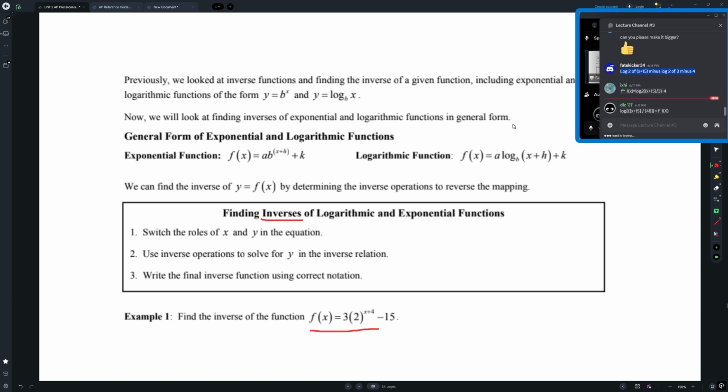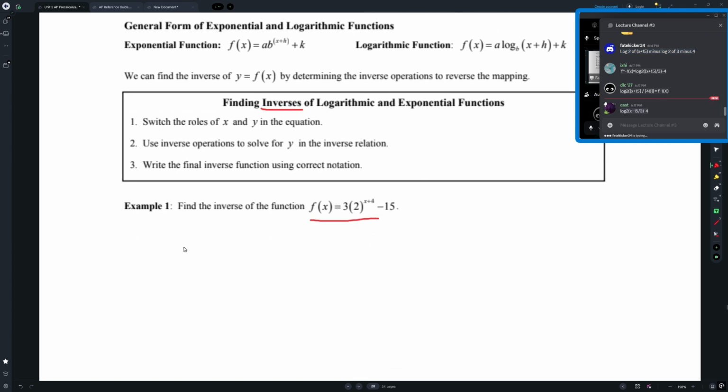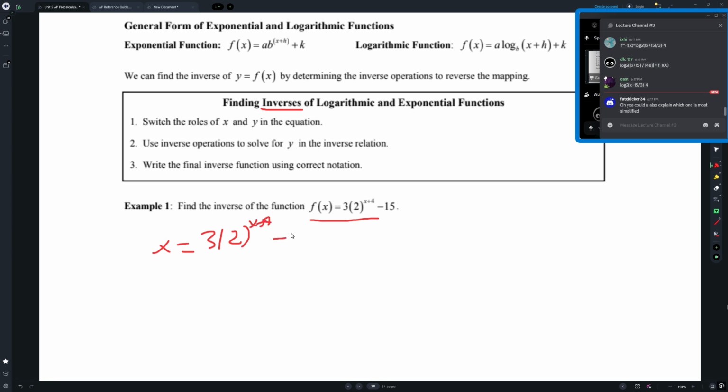I'll go over the answer in a minute. So x is equal to 3 to the x plus 4 minus 15.